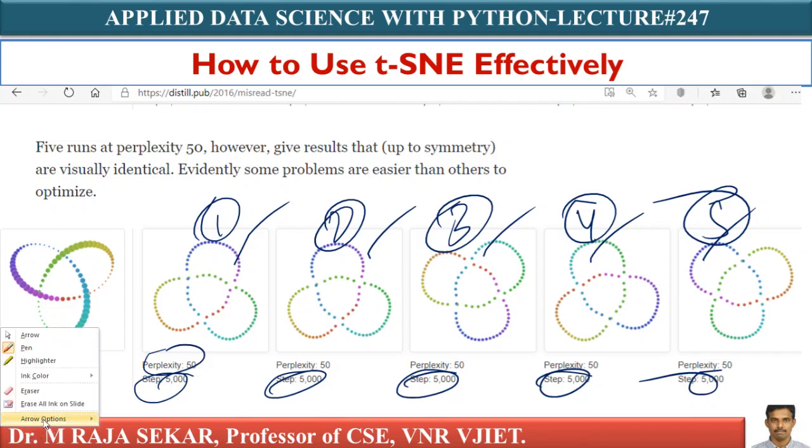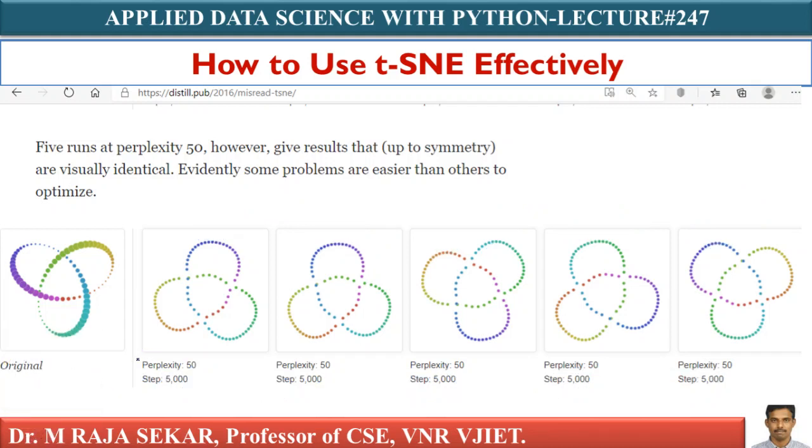Here you must understand one thing. You are fixing perplexity at 50 and the number of iterations at 5000, isn't it? What does it mean? There is a slight difference if you observe all these outputs.